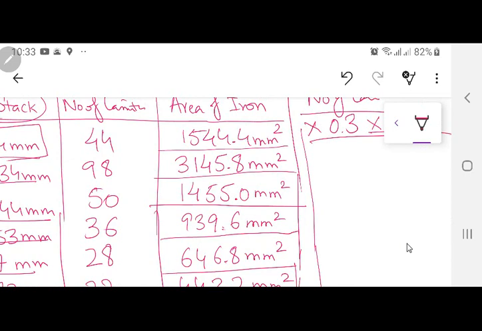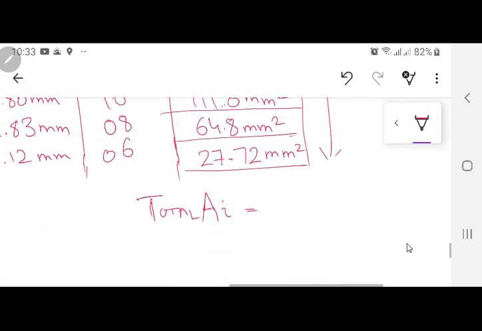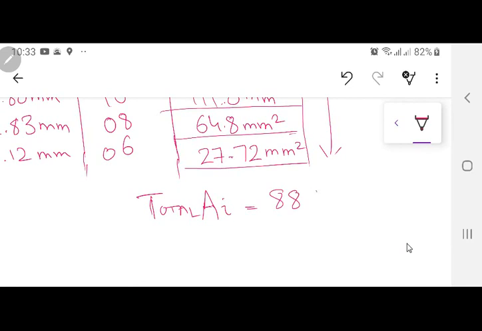1544, add all these. 1544.4, 3145.8, again, 888, 2.52.